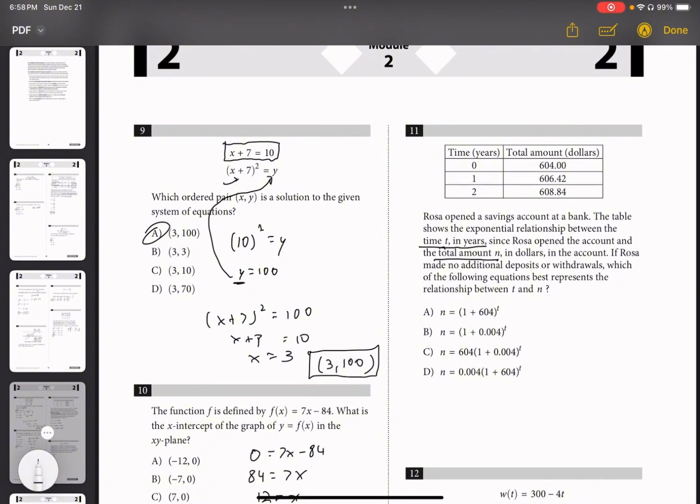So we know that the initial is 604, and it's going to be an exponential equation, and we know that it increases each year.